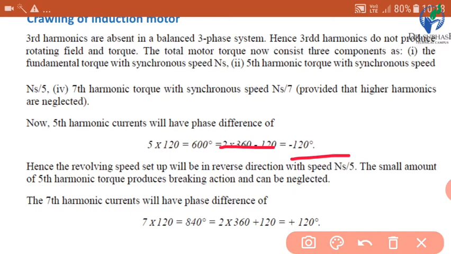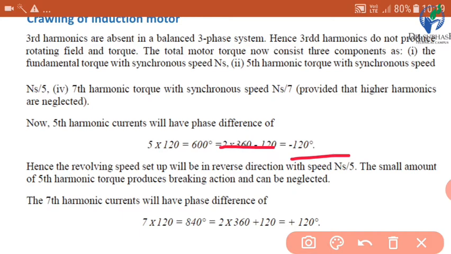Hence, the revolving field set up will be in the reverse direction with speed ns by 5. The small amount of fifth harmonic torque produces braking action and can be neglected.